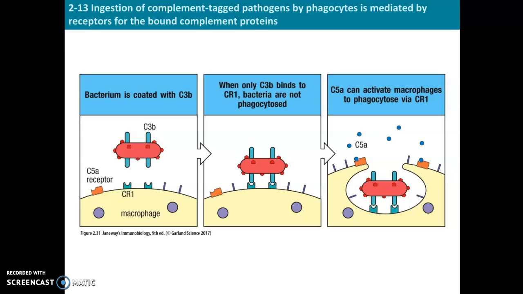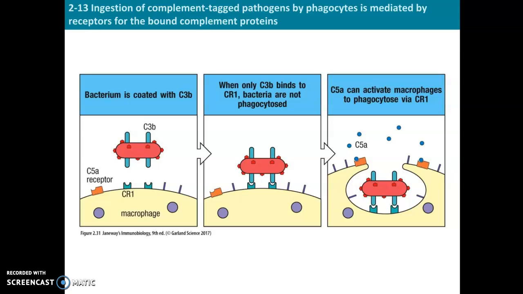C3b by itself will not cause phagocytosis. It will get bound to the surface of a phagocytic cell, but we also need some amount of C5a to complete the signaling and cause the phagocytosis.